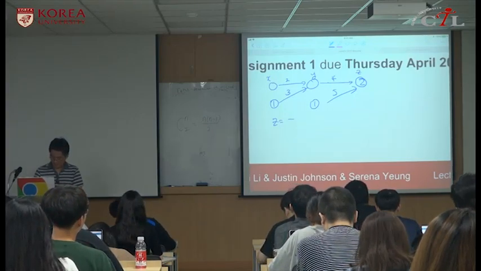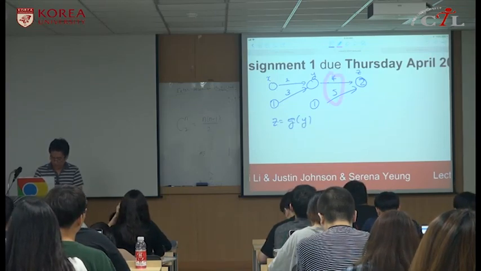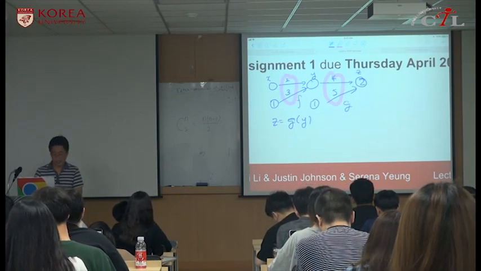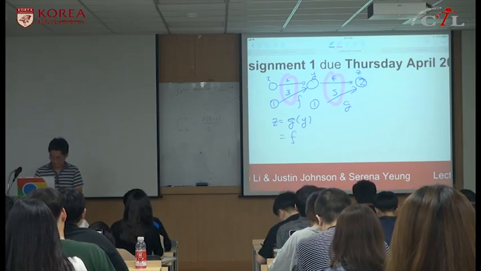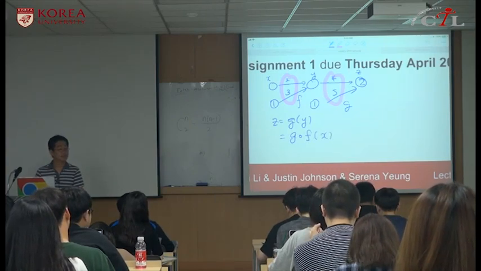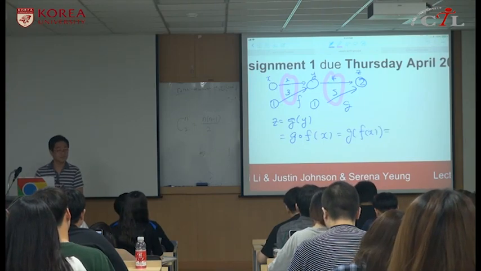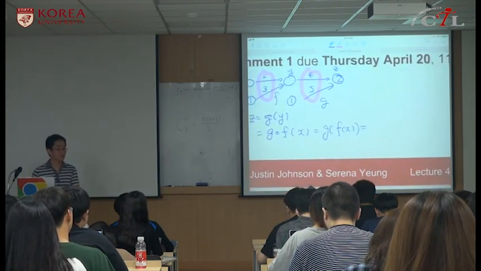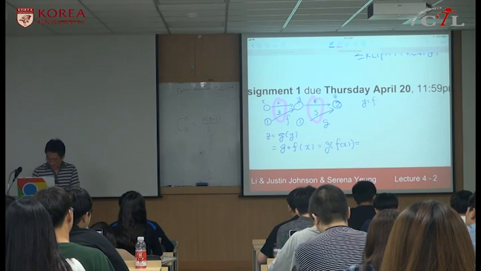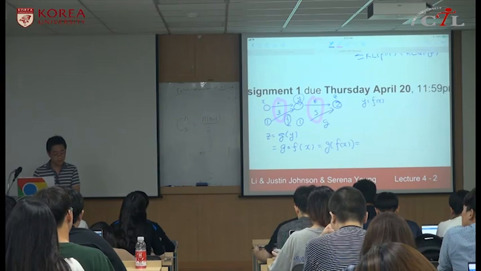Let's say it's g of y. So this layer is called g, and this layer is called f. And then it is like g of f of x. I'm just writing a simple composite function. So what is f of x? y equals f of x, because the output of the layer called f is y, right?